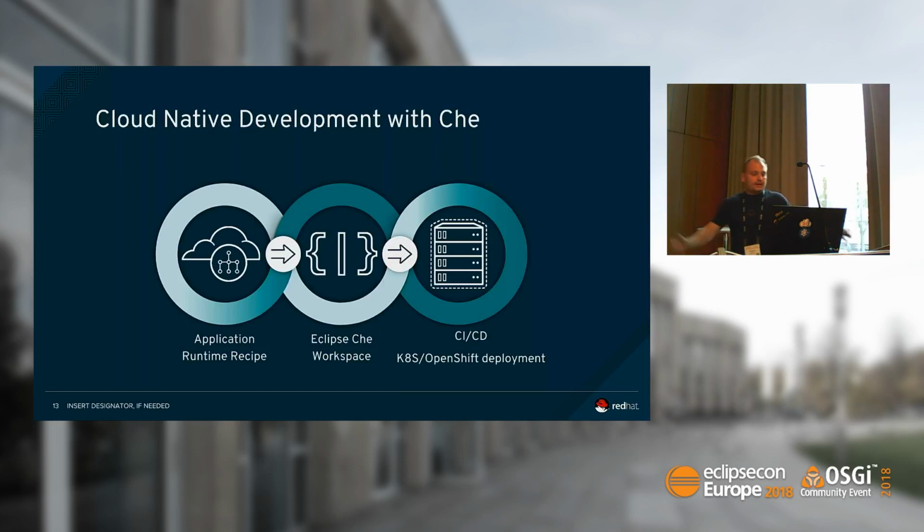So in a nutshell, the way that you can convert your cloud workspace, your application Kubernetes runtime, into a Che workspace is you grab the recipe, you create an Eclipse Che workspace from it. You then have fun with the IDE, you debug, you break things, you fix things, do things that you enjoy doing daily as a developer.